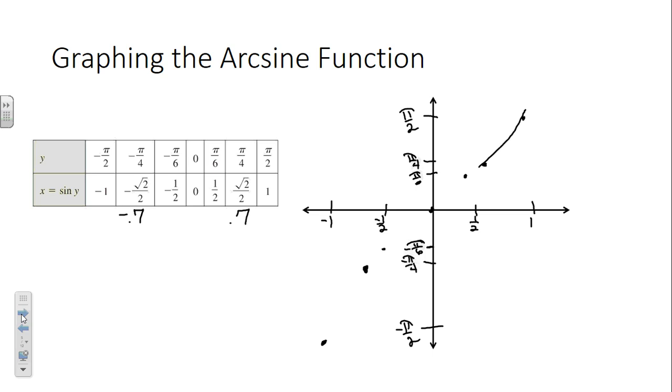And so this is what the arcsine looks like. And it has a hard stop. It doesn't keep going, because if it kept going, we wouldn't have a function anymore. It's not one-to-one. So far, so good?